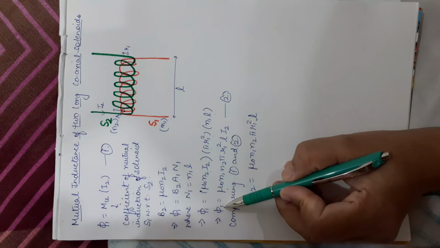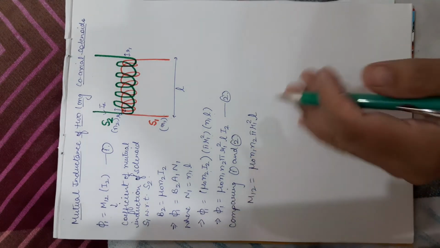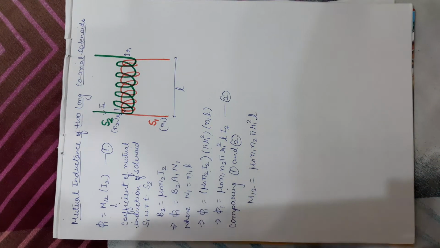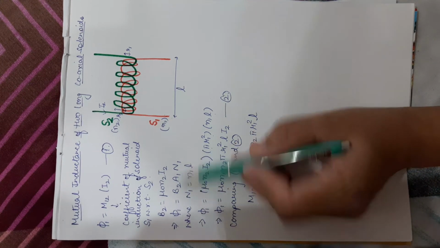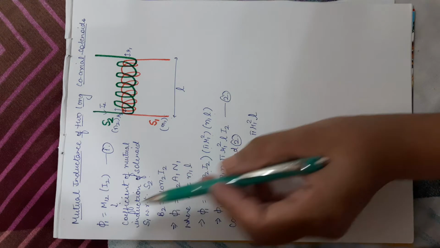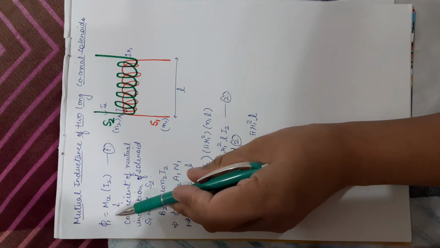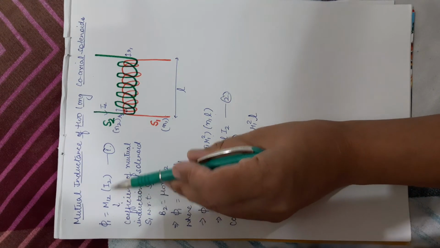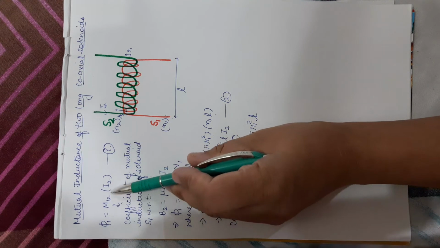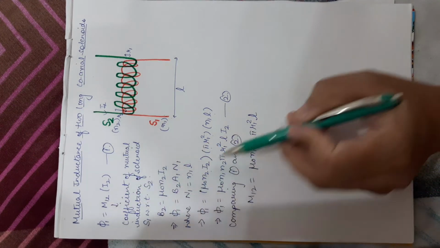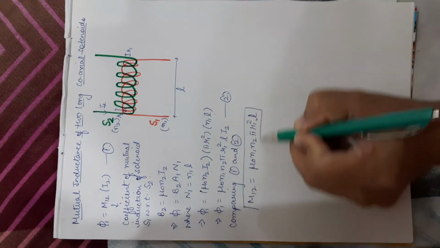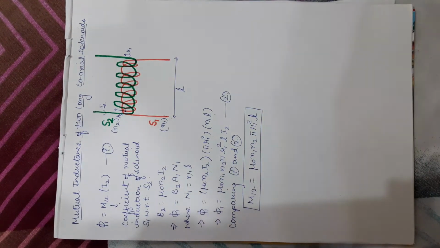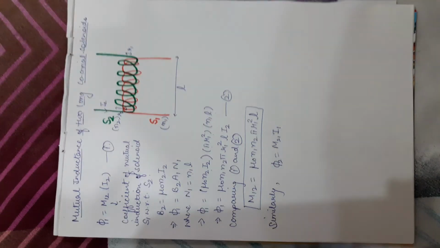Now this phi1 we have found by the traditional definition of flux, that is the magnetic field, area and the number of turns. And this is the flux which we have already obtained by the definition of mutual inductance. So comparing equation number 1 and equation number 2, you get the value of the mutual induction of S1 with respect to S2.